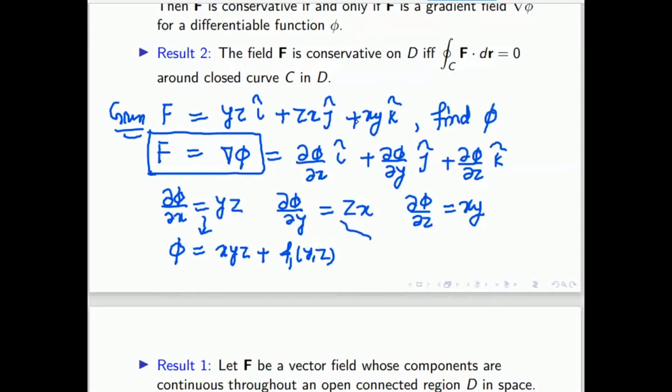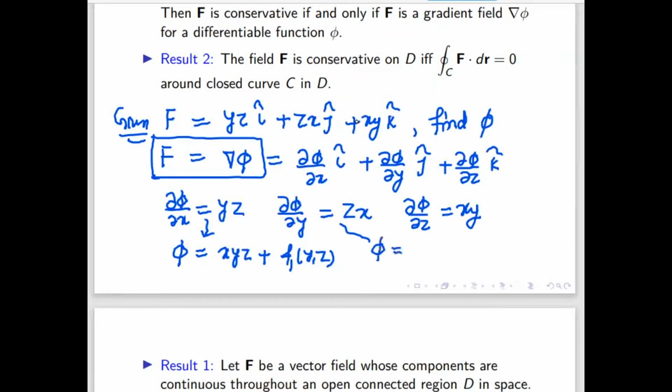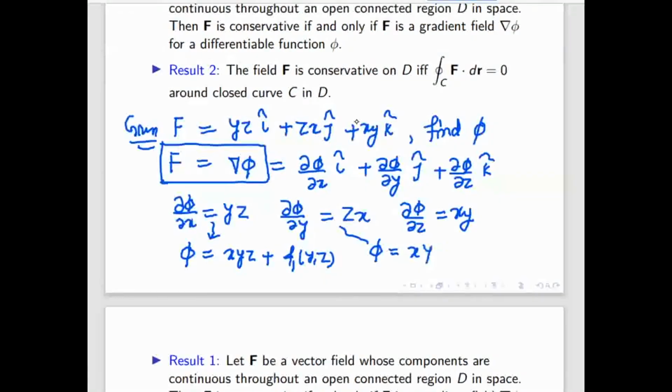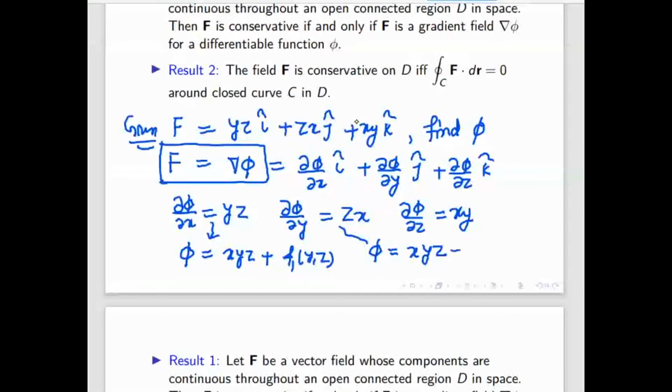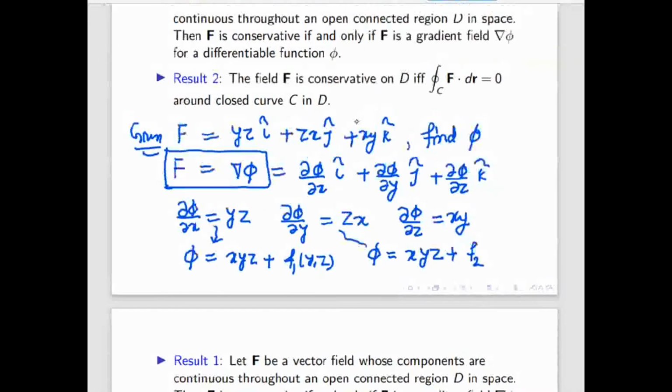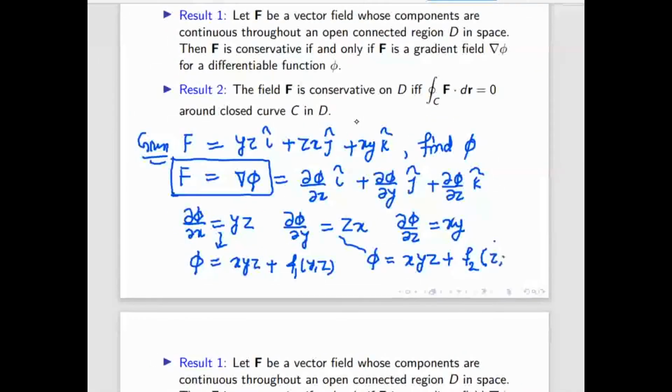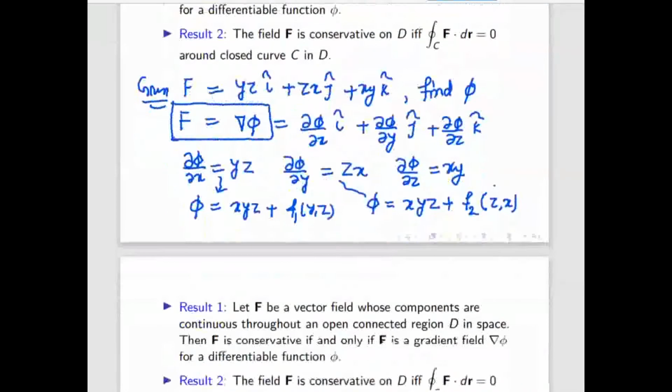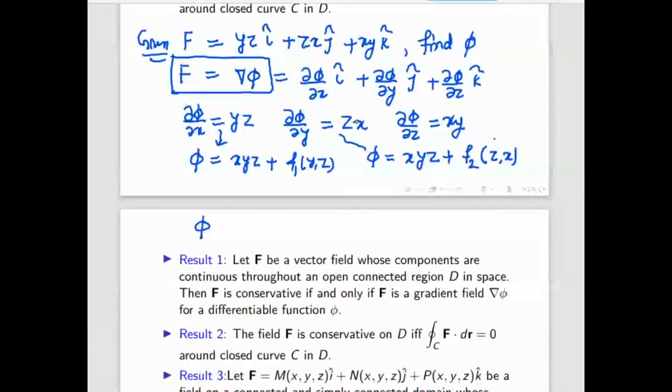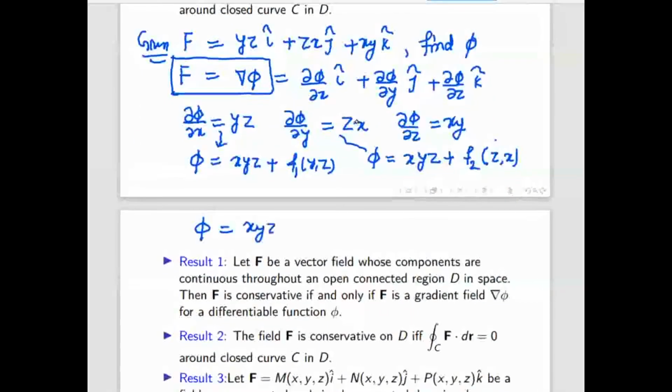If you integrate the second one, then what will be the value of phi? It will come xyz, the integration of zx, plus any function of zx. And similarly, if you solve the third one, you will get xyz plus any function of x and y.